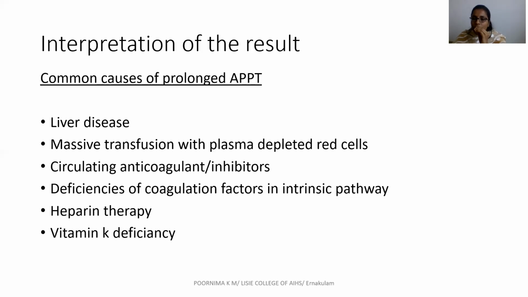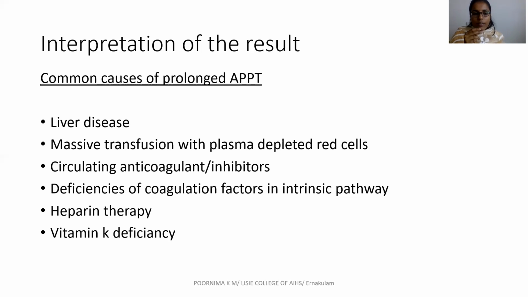Heparin is an anticoagulant which is mainly used to treat clotting disorders; such patients would be treated with heparin. This heparin affects many of the coagulation factors, so once that has happened, those coagulation factors cannot act properly. So APTT will get prolonged.